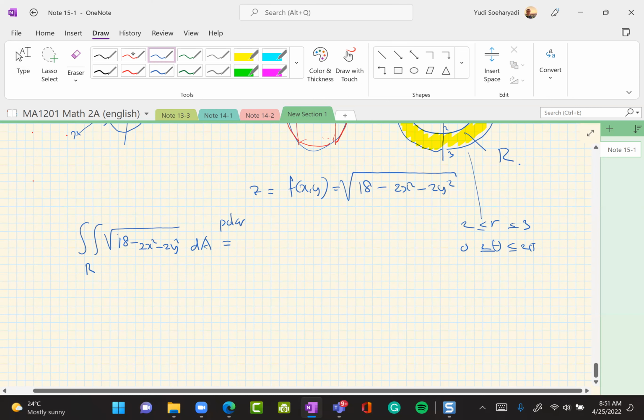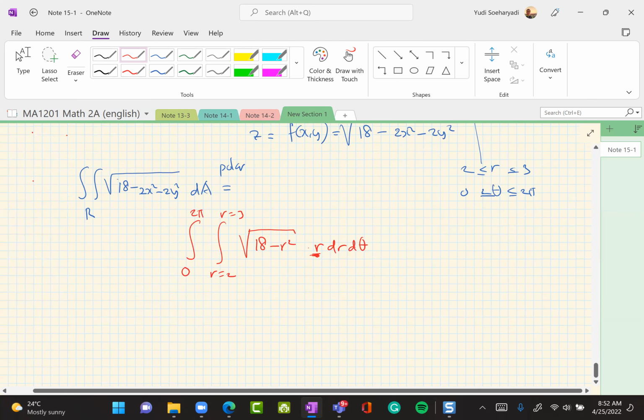So this equals the integral over theta from 0 to 2 pi, and r from 2 to 3. Now the integrand is the square root of 18 minus r squared, and dA is r dr d theta. Because we have this extra r outside the square root, this will be easy.